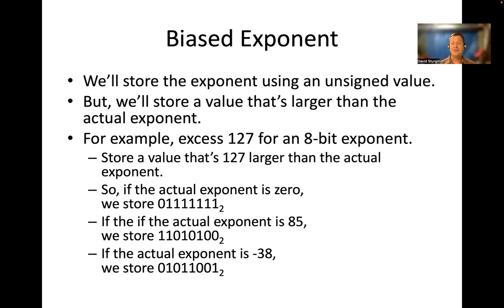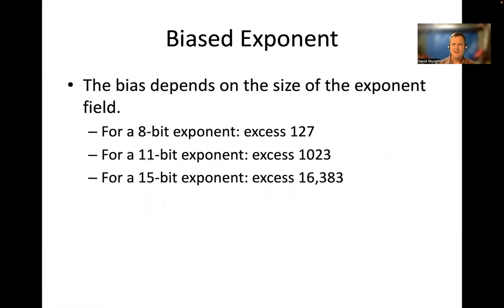And this last example shows how that helps. If you had an exponent of negative 38, you're not going to store that. You're going to add 127 to it, and then it's going to be positive. And then you're going to store that. And in binary, it looks like that last example. So I've been saying for an 8-bit exponent, it makes sense to use a bias of 127.